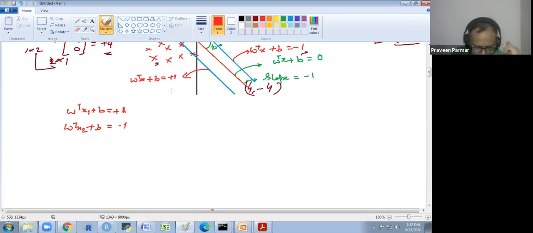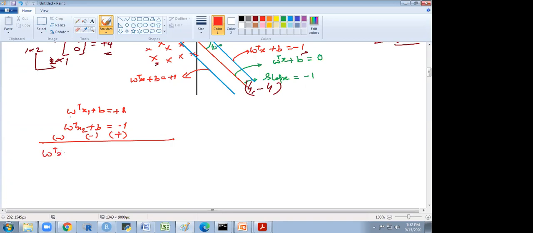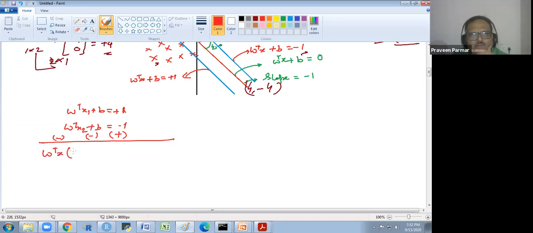Okay, and if we solve this, I will change the symbols and take WT common, and it is x1 minus x2. And this will eliminate each other, and it is 2. Does that make sense to everyone?